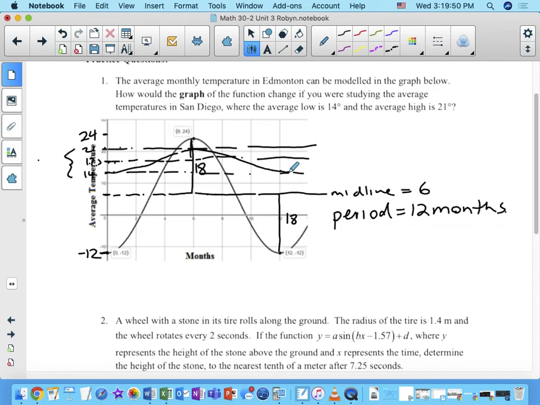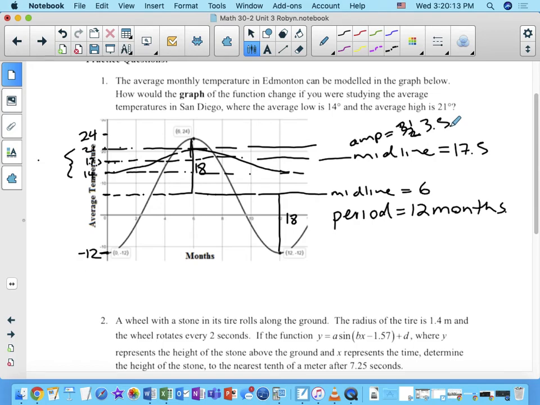Okay, midline is 17.5. The amplitude, it goes up or down by 3.5 degrees. Okay, what happens to the period? Stays the same.